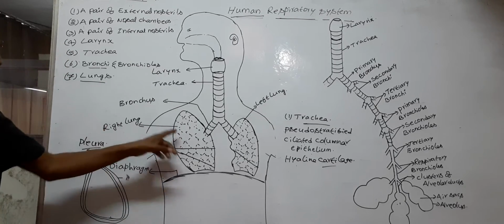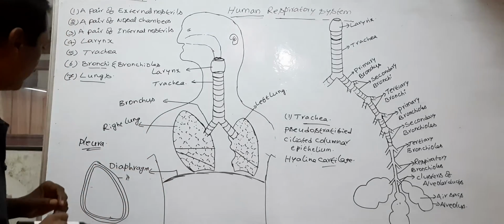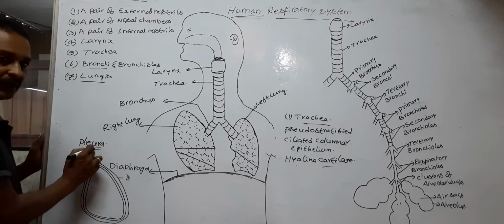So each lung is enclosed by a double layered membrane called pleura.